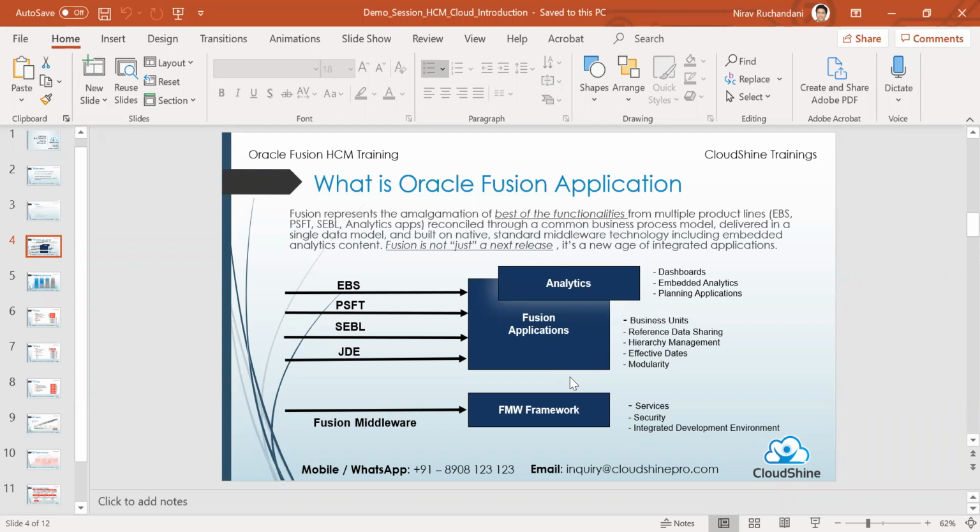Initially, and up until very recently, it was called OTBI, or Oracle Transactional Business Intelligence, and now they are calling it Oracle Analytics, to be precise. So that's how the landscape of Oracle Fusion applications is essentially.